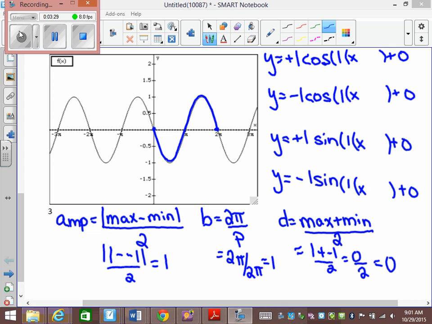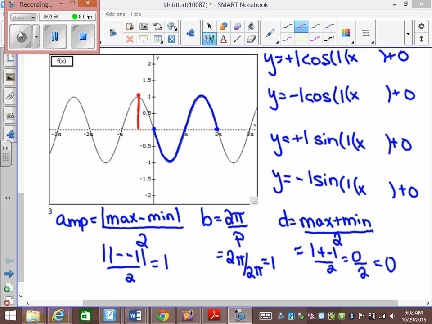So let's do the coses first, because coses are easiest to tell your horizontal shifts from, right? If it's a positive cos, we look for the closest maximum value. The closest maximum value to the y-axis is this one. That's nice. It looks like it's at this tick. What is that tick?